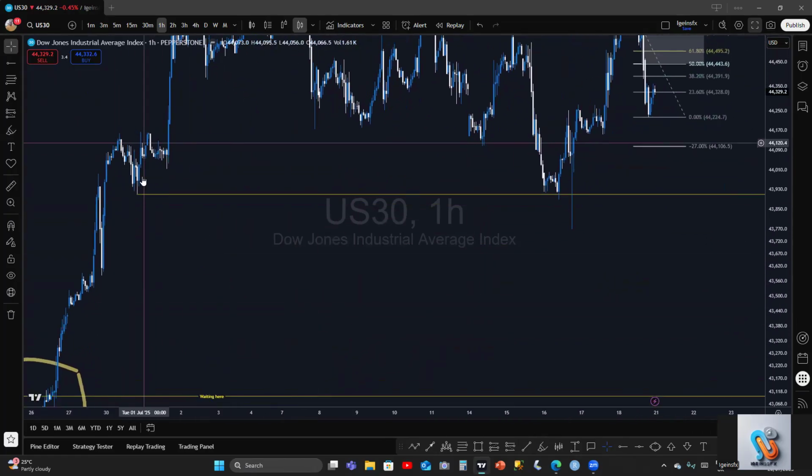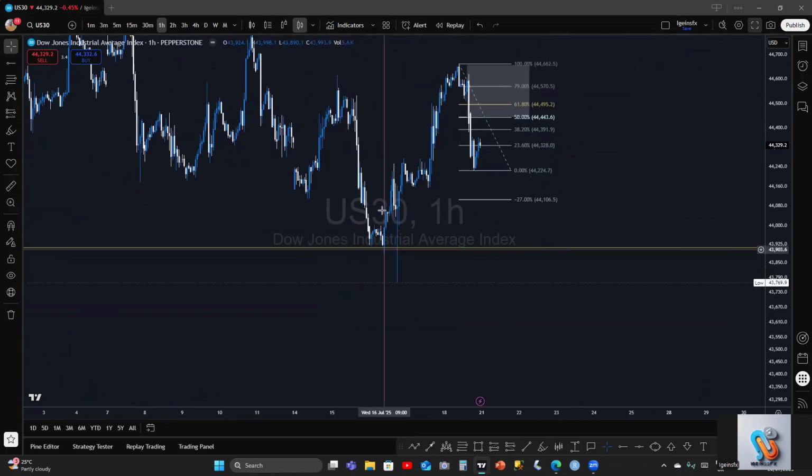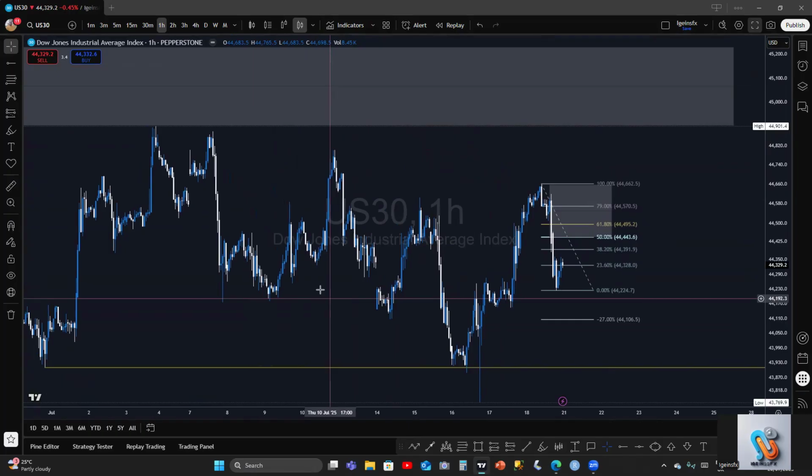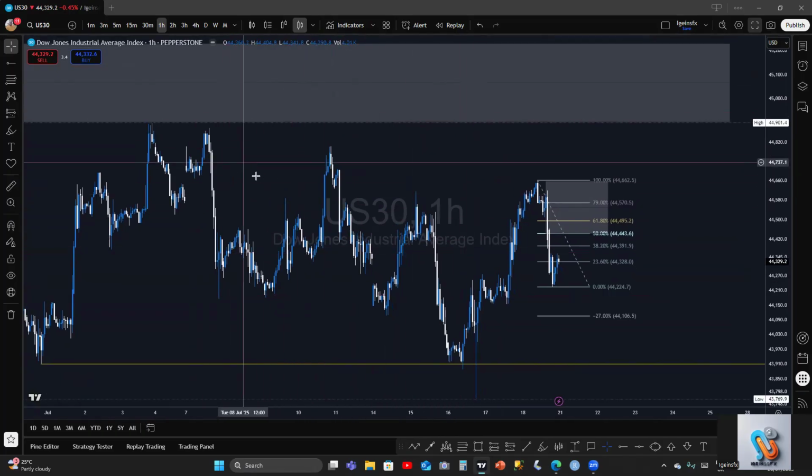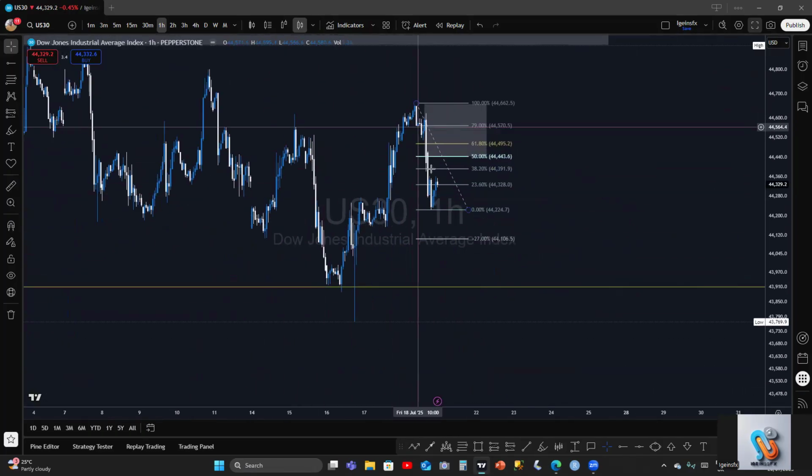Because this point has been mitigated, though there was a clear rejection of price from here. But when you look at the current trend, you discover that this guy is making his way back.